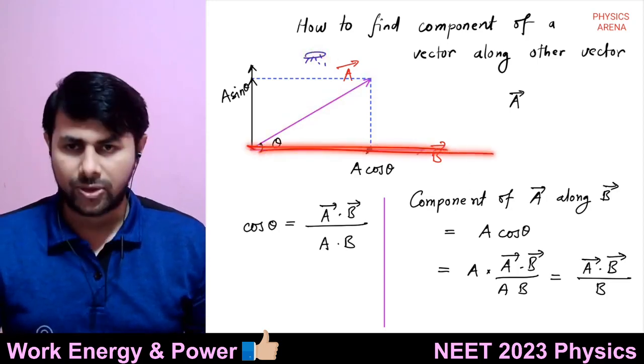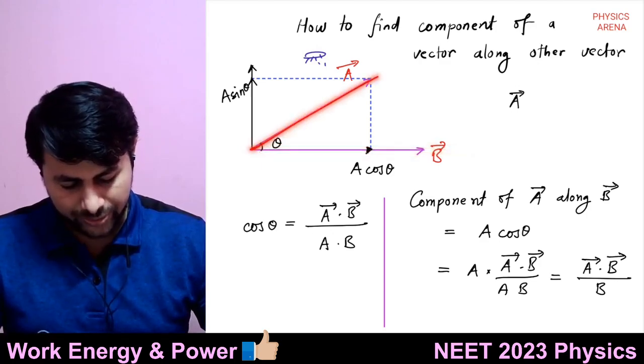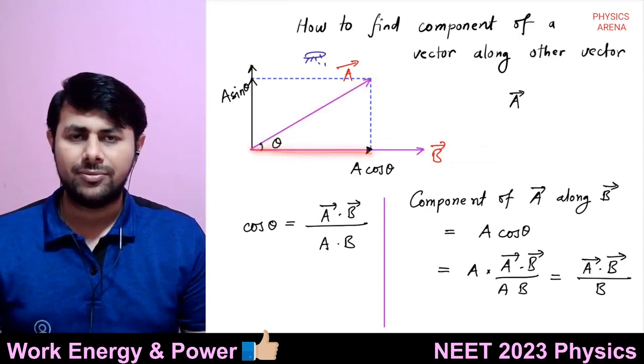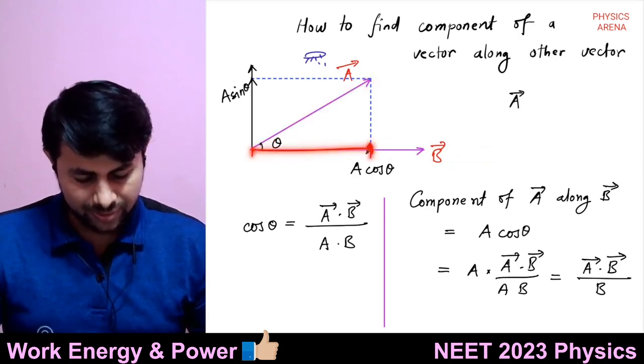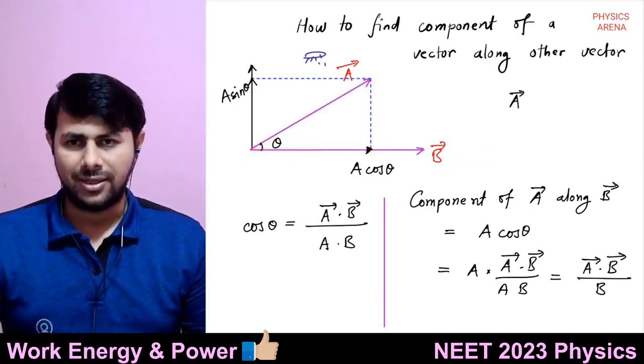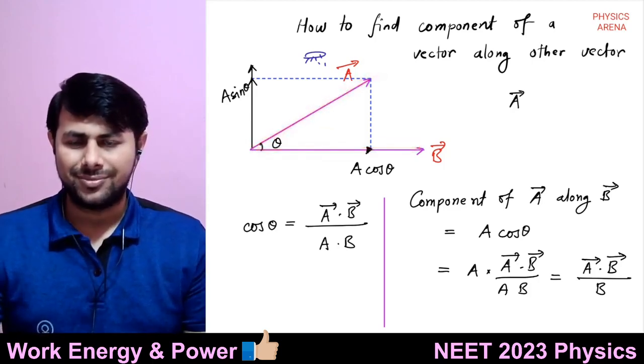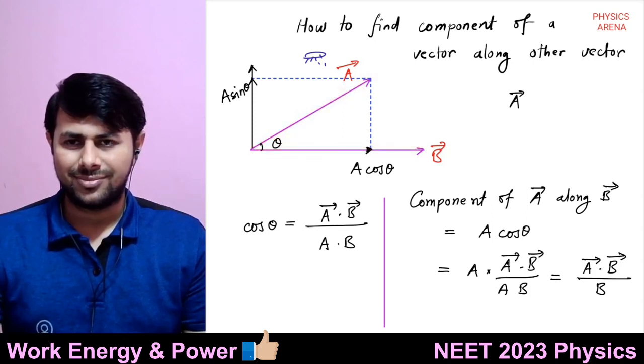Suppose this is the floor. There will be some shadow of this A bar, this stick. And how much would be the length of that shadow? It would be this much, right? So it is the projection of A bar on B bar. You got this? These are different names.